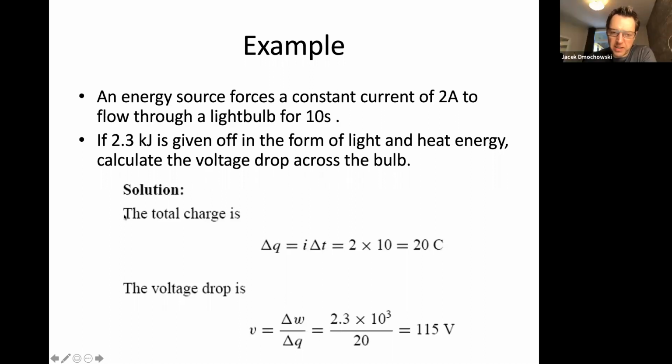You basically have to divide the energy that's given off by the amount of charge that passed through that light bulb in 10 seconds. So that gives us 115 volts. So just 2,300 divided by 20, right? Because ultimately to get voltage, you need to divide change in energy by change in charge, right? So the change in charge we derived over here, and the change in energy was given to us.